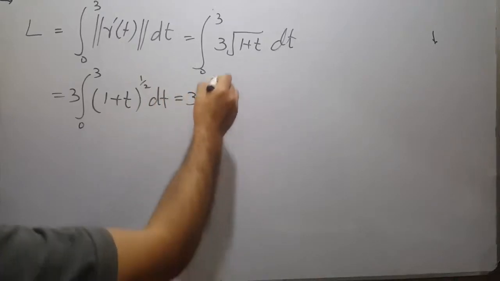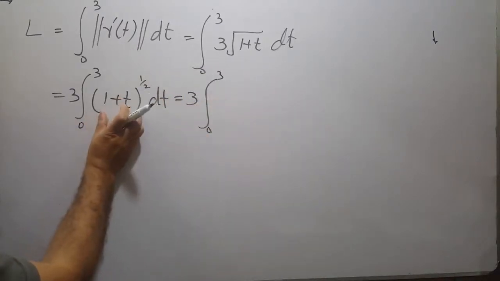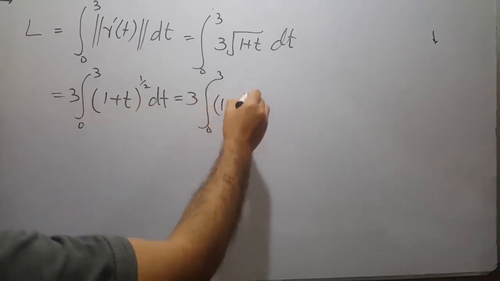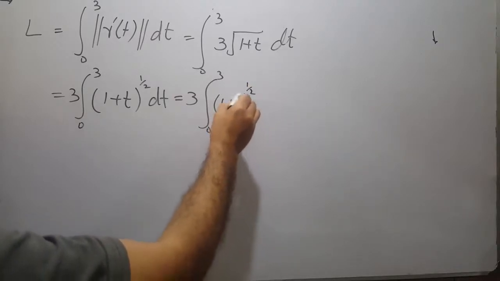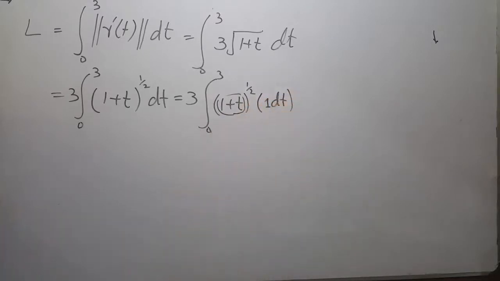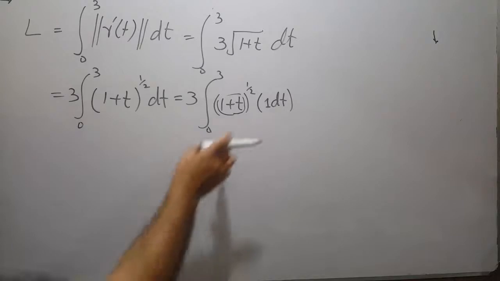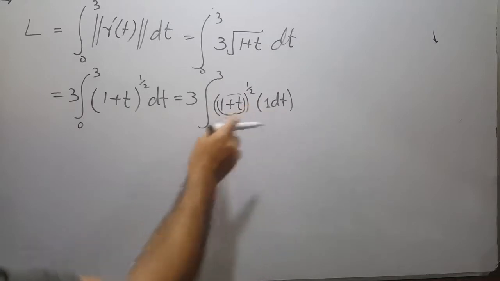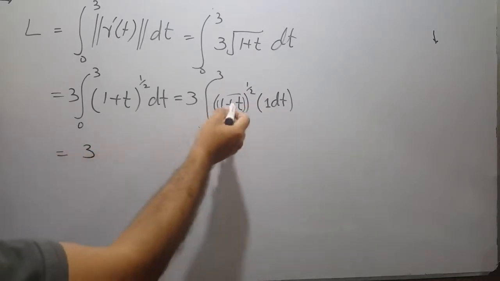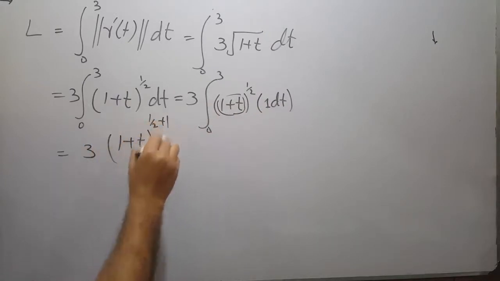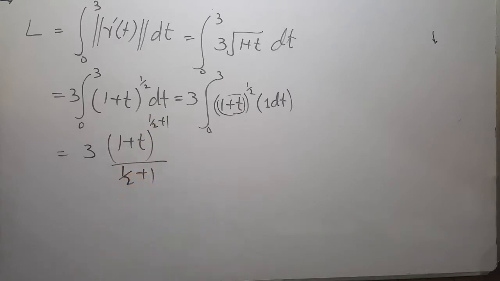One of the rules is that if you have a function here and its derivative is there, so 1 plus t is a function and its derivative is 1, and we already have dt, it means you have to add 1 to the power and divide by the same number. That will give you the integration. And the limits should be applied at the end.